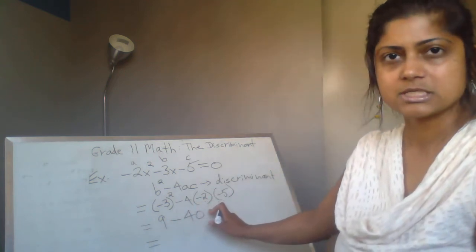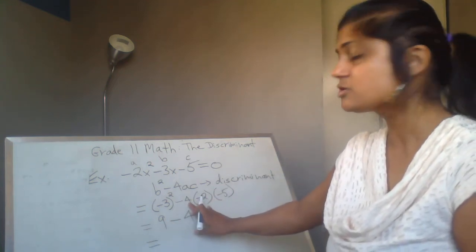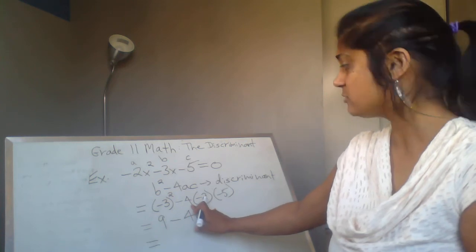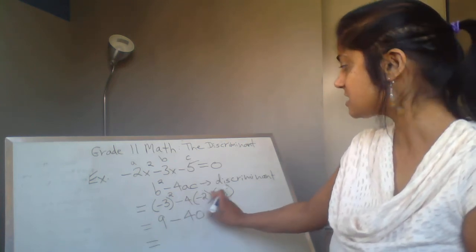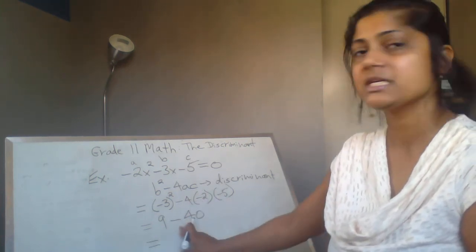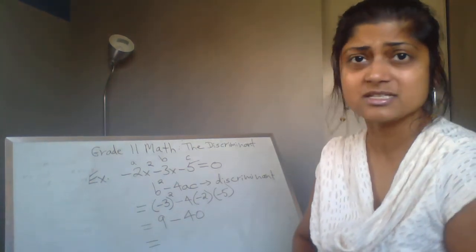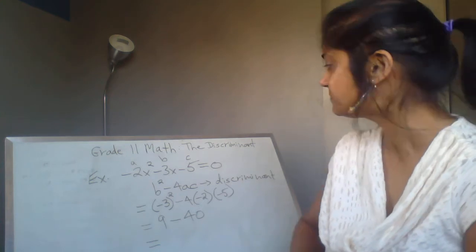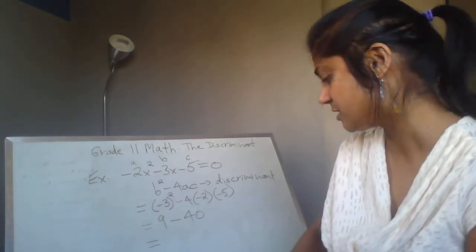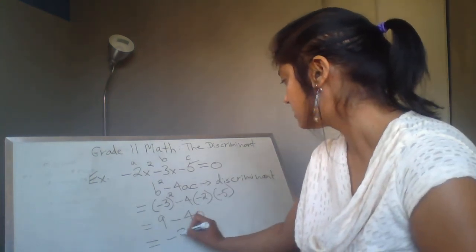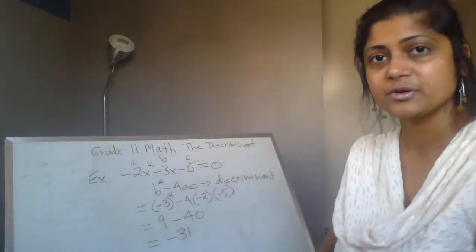Again, make sure you notice the signs, okay? These two negatives will cancel out, which will be positive. But the positive and the negative sign is giving me a negative, all right? And again, if you're not sure, just put it into the calculator. That's not a big deal. All right, so I'm going to do here 9 minus 40, which is equal to negative 31.